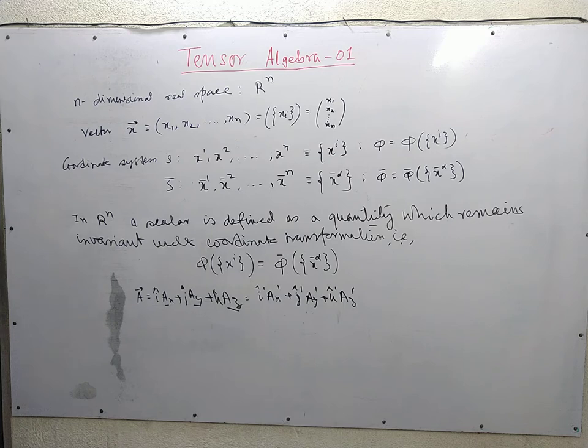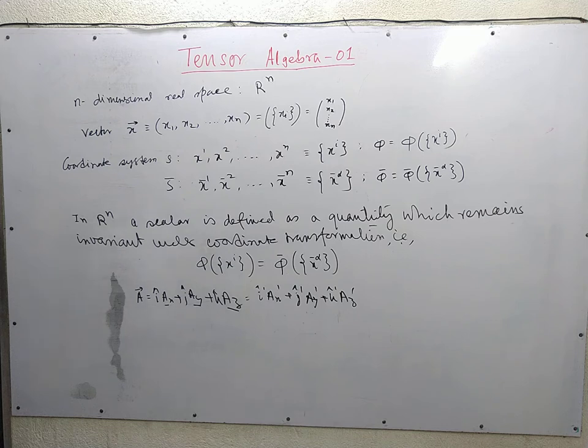In earlier classes, we defined a scalar to be a quantity which has only magnitude, no direction. But here, in tensor calculus, we define a scalar to be one which remains invariant under coordinate transformations.